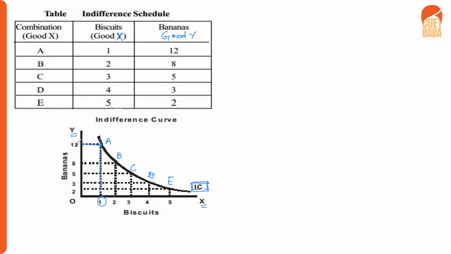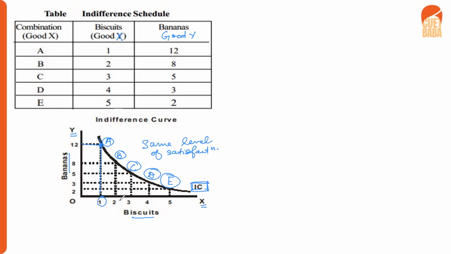As mentioned earlier, there is a combination of two commodities, and all these points, A, B, C, D, and E, give the same level of satisfaction. Earlier there were 12 units of bananas and only 1 unit of biscuit.